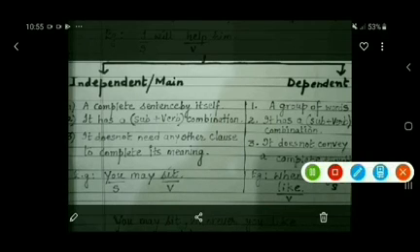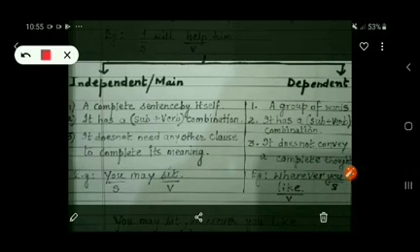Now we will talk about the dependent clause. A dependent clause is a group of words. It has a subject-verb combination in it, just like the independent clause. But the main difference between the two is that a dependent clause does not convey a complete thought or complete information.